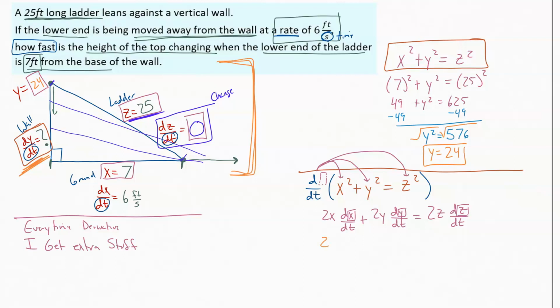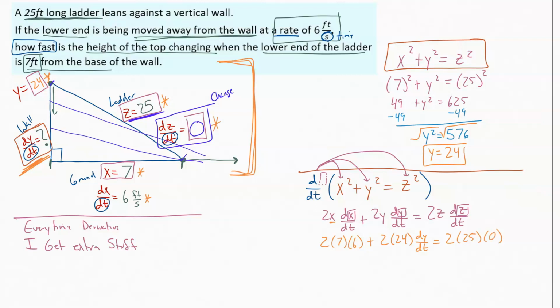So we would get 2, and then x is 7, dx dt is 6. Plus 2, the y we got out was 24. dy dt is still there because that's what we're looking for, equals 2. The z value is 25. And then dz dt was the 0.